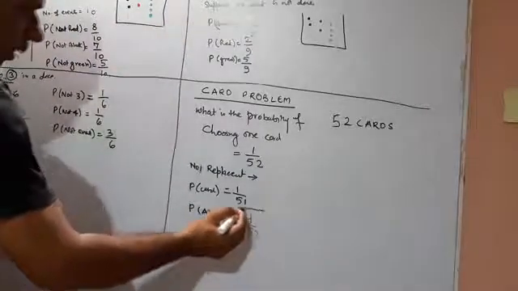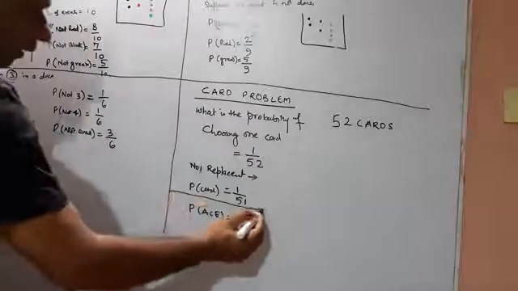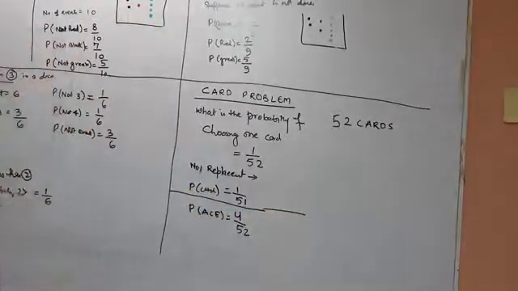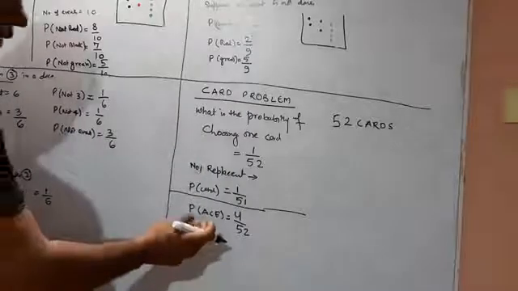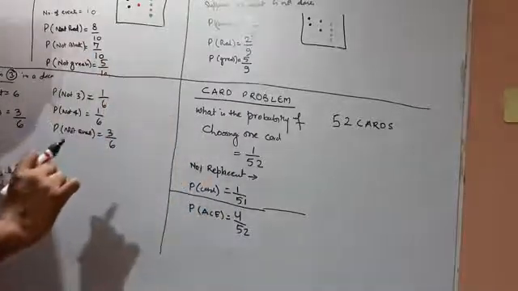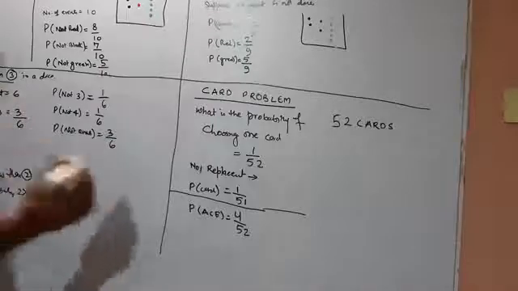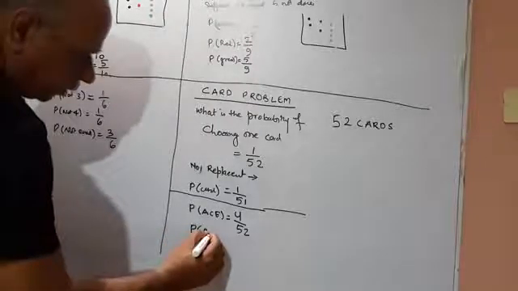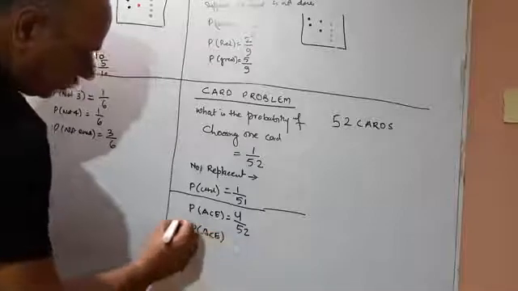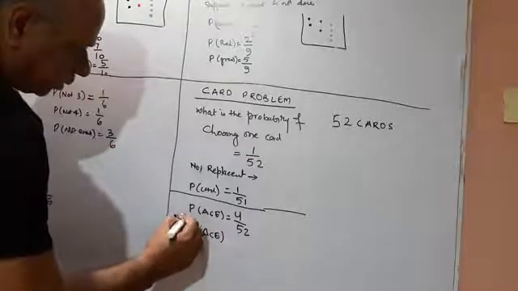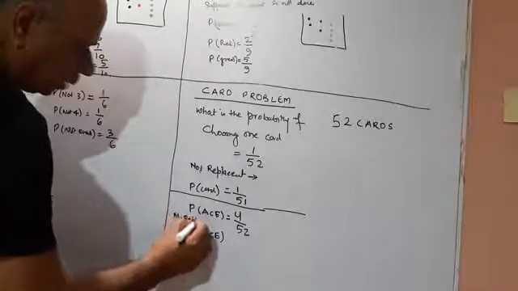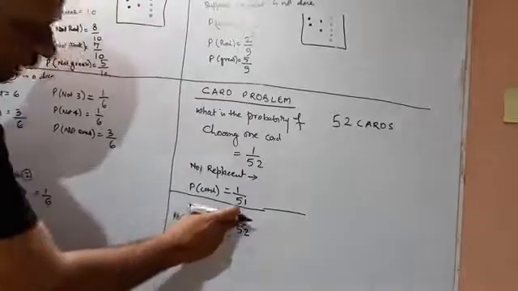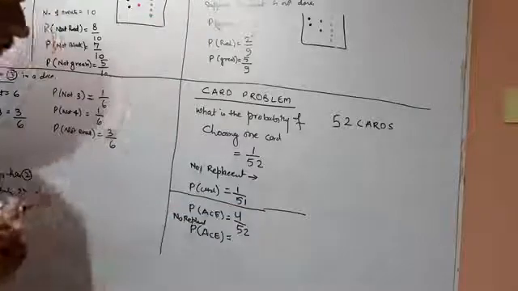In a fresh deck, choosing an ace will be 4 by 52. Suppose you are not replacing that ace card and you are again choosing an ace card. So choosing an ace card without replacement: you have taken away one ace card, so the number of ace cards remaining will be 3 only.